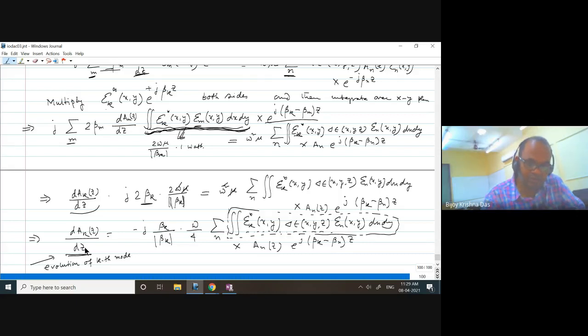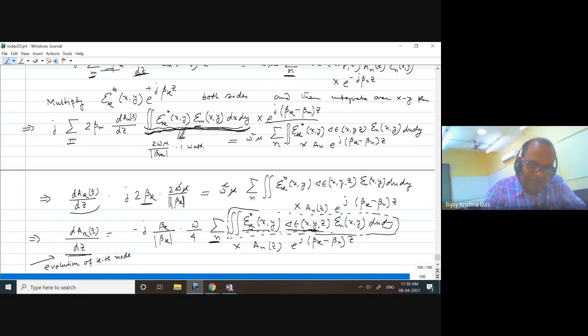And what about the right hand side? Just check within the integration. You have the kth mode field profile, the perturbation, then you see the profile of the nth mode and you are summing over all modes. That means you are looking into all the modes, how they are disturbed because of the perturbation, and you are multiplying that.